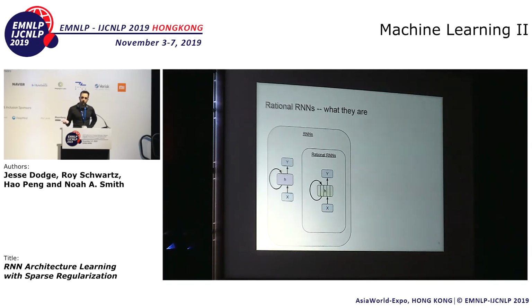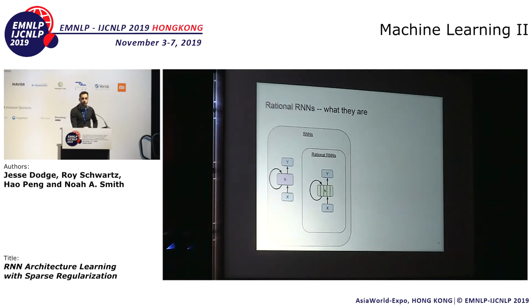So here we denote some input string X, which is comprised of tokens, that's fed into a hidden layer H, which then produces some prediction Y. The difference between general RNNs and rational RNNs is that the hidden layer within a rational RNN has some internal structure.